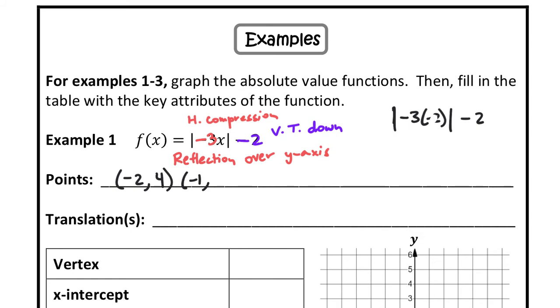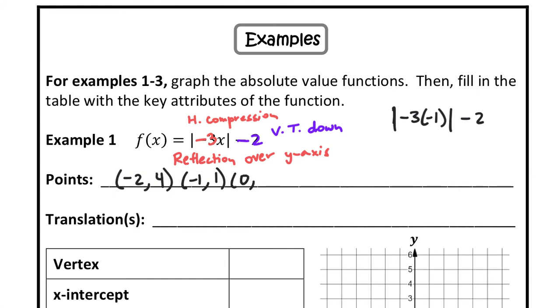So if I plug in -1 here, negative times a negative is positive, so +3. 3 minus 2, 1. If I plug in 0, negative 3 times 0 is 0. 0 minus 2.